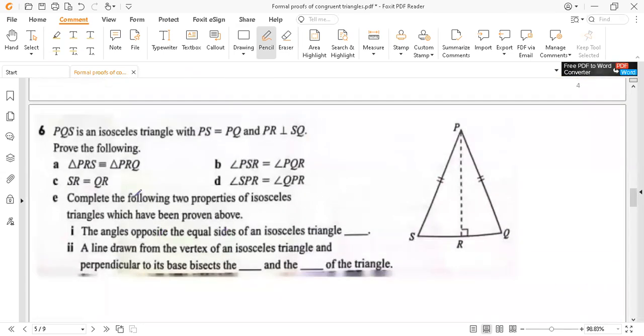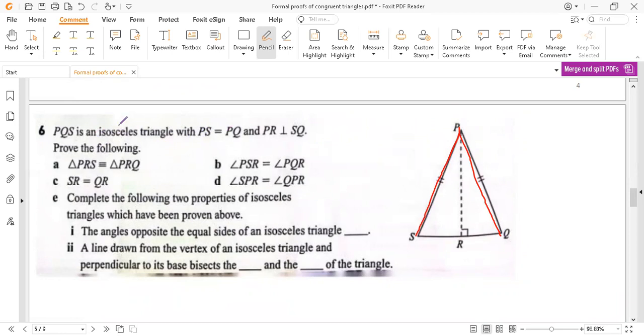For example, here PQS is an isosceles triangle with PS equal to PQ. We can verify that we have an isosceles triangle if we verify that we have two equal sides or two equal angles.